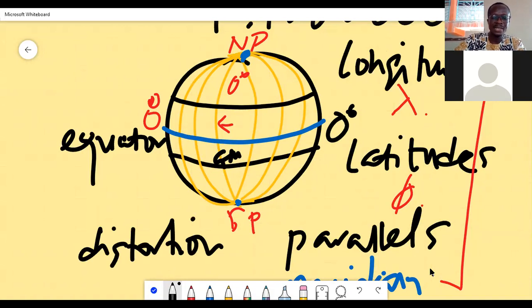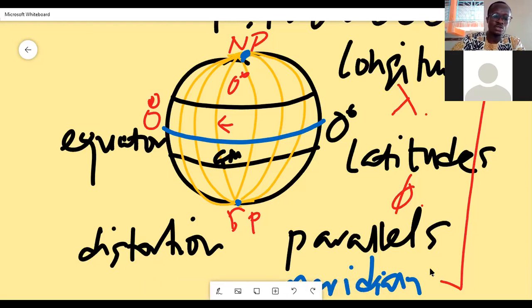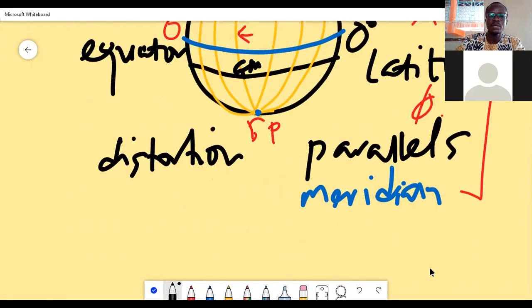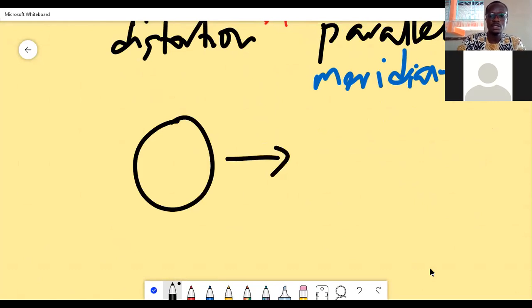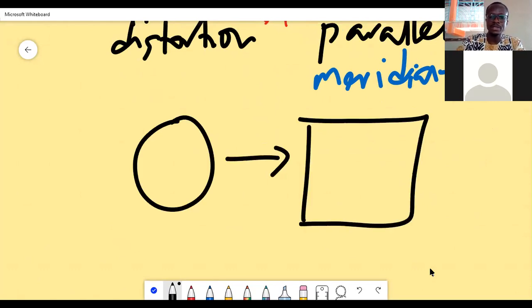In our bid to represent the earth, we do the projection. In other words, we want to find a convenient way to represent the round earth, and we make use of a projection and then have it on a flat surface. So let's now go from this round surface to a flat surface.